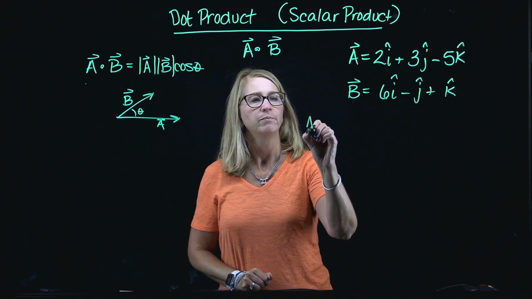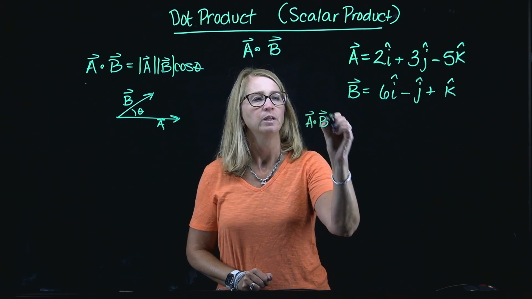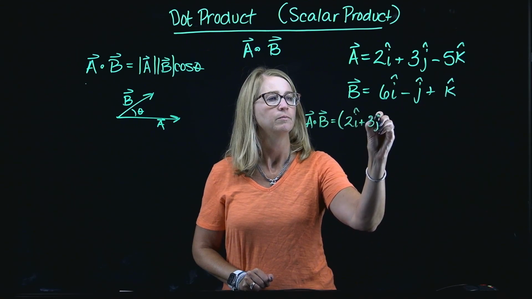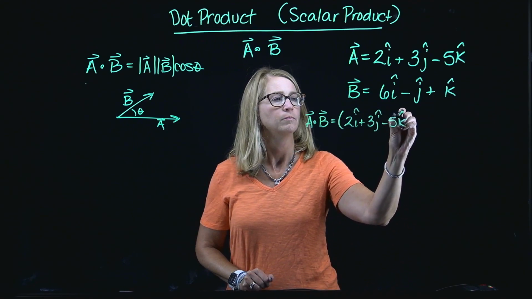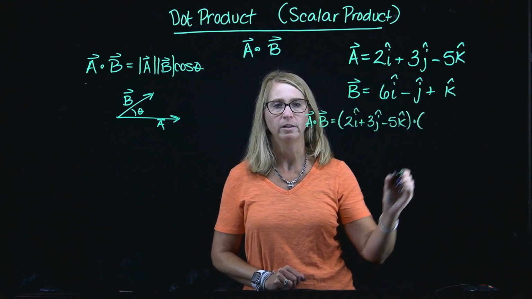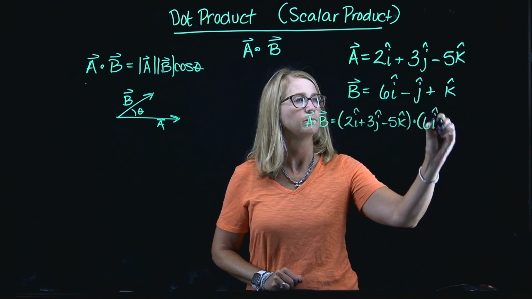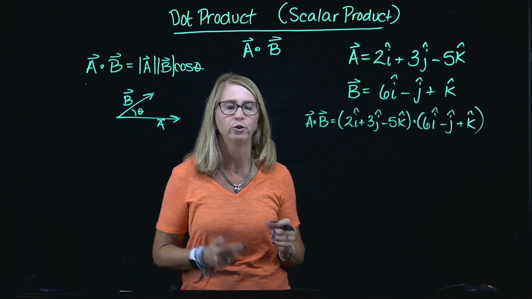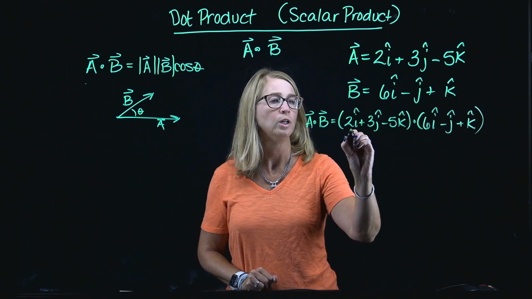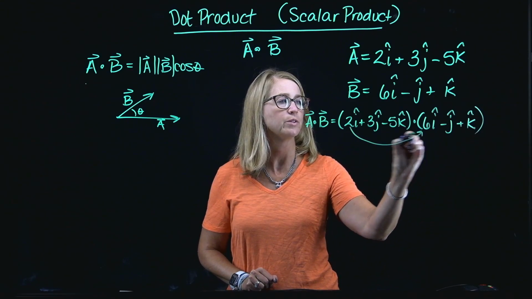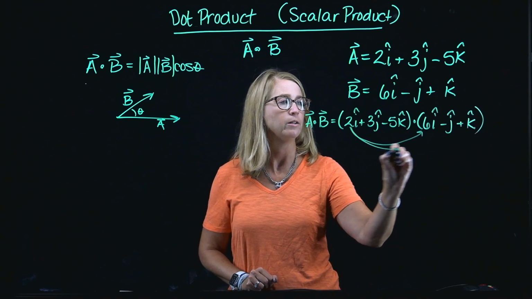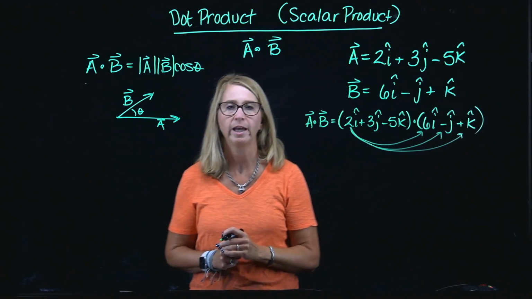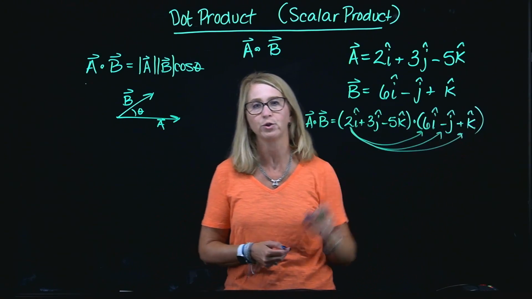If I think about it, A dot B could really be thought of as taking this entire vector A and then dotting it with the entire vector B, which I could do by using the distributive rule: taking the 2i dotted with the 6i, and 2i dotted with the -j, and with the plus k, etc., and doing that for all 3 of these terms.